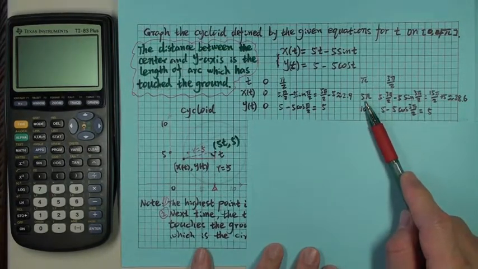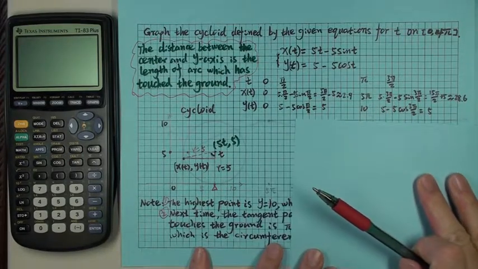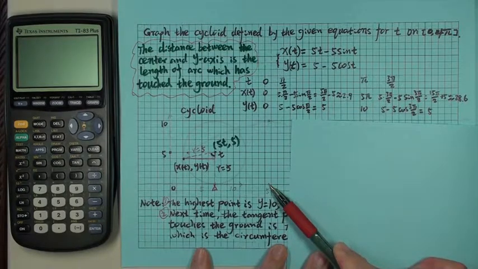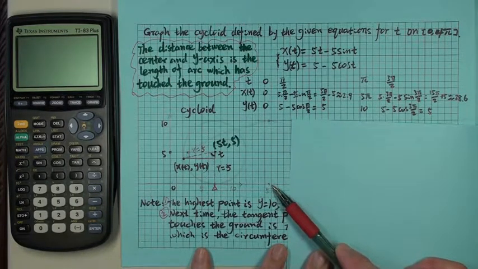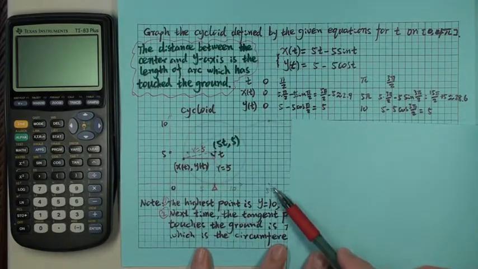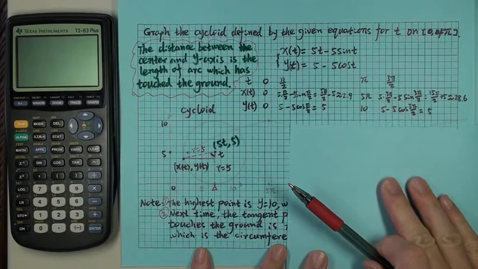So then we have the point 5 pi, 10. 5 pi is roughly here. You use 3.14 times 5, which is above 15. So 5 pi is right here, and y is 10. 10 is this high. Now it keeps going.